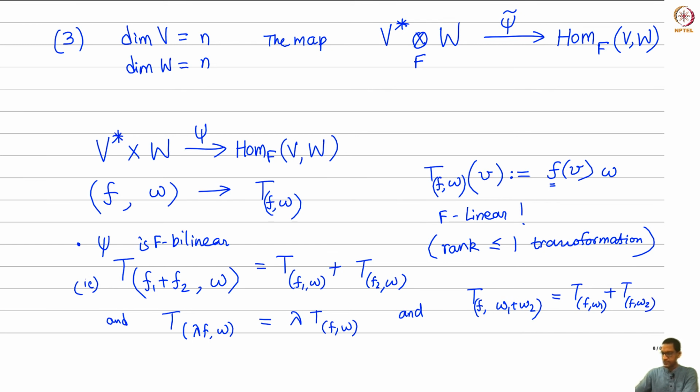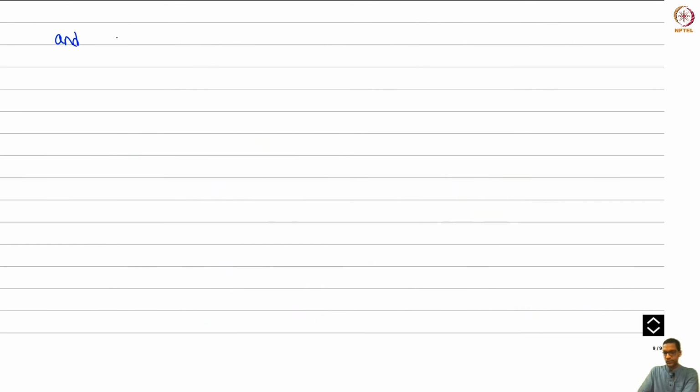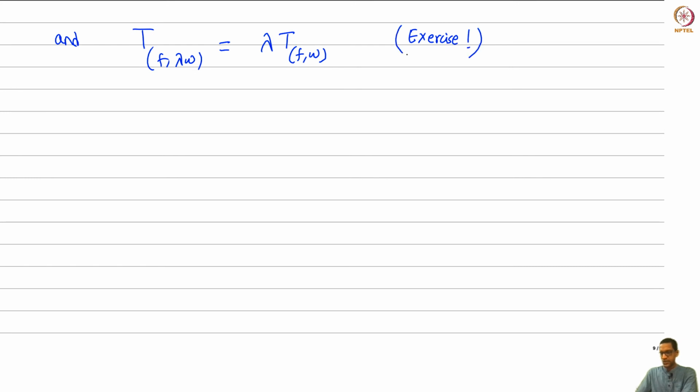And finally, if I change W to lambda W, then the lambda comes out. I'm going to leave all these 4 verifications as an exercise. It's just a straightforward application of the definitions.